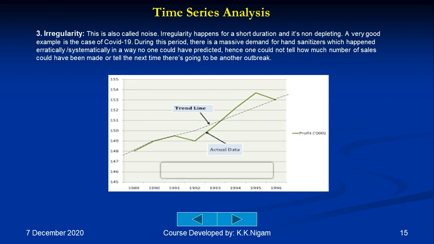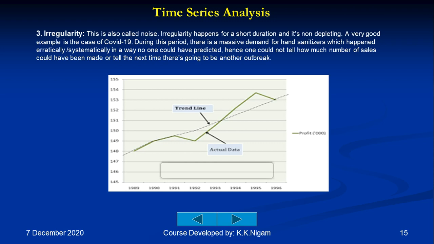Irregularity. This is also called noise. Irregularity happens for a short duration and it's non-repeating. A very good example is the case of COVID-19, which is currently on. During this period, there is a massive demand for hand sanitizer and masks, which happened erratically, in a way no one could have predicted.